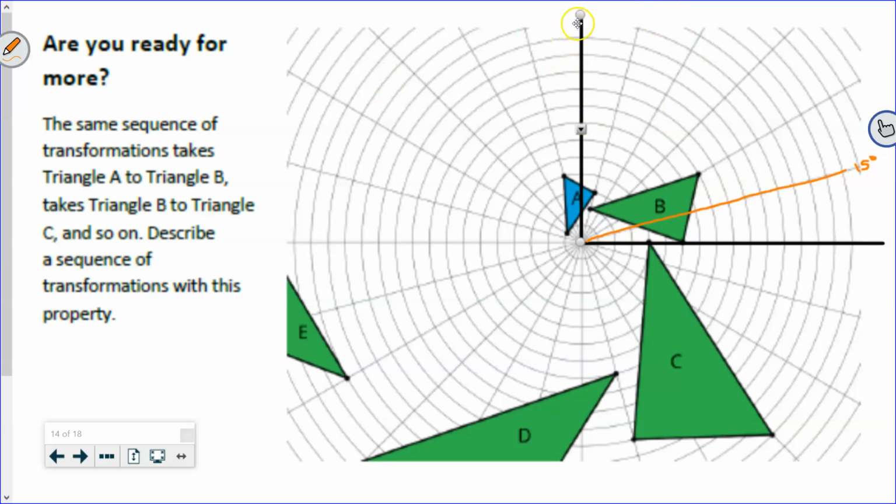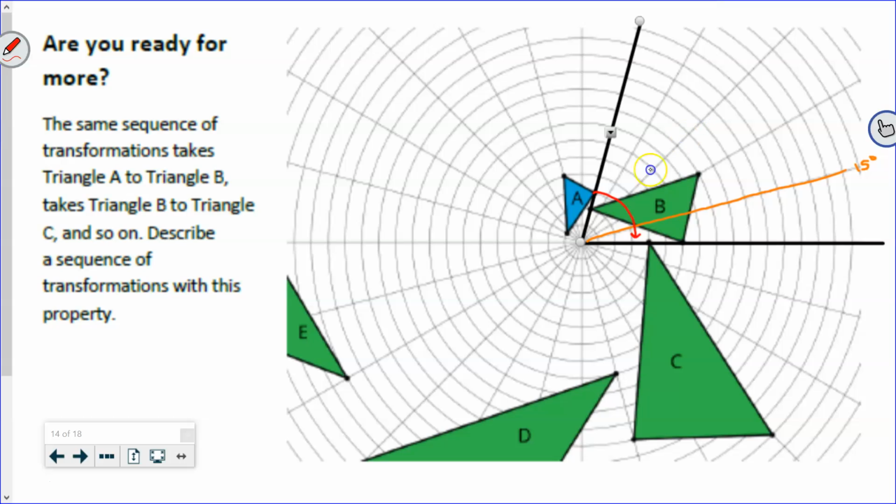The next thing is, do you see how this part of A rotated down to be this part of B? So then, what is that angle?